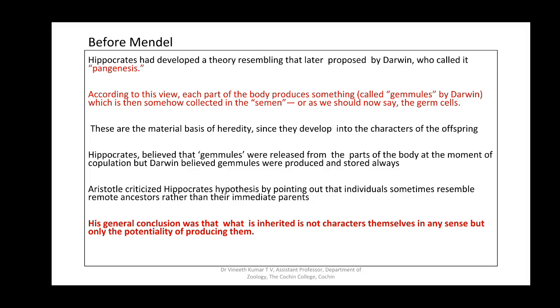So it is at this point that Hippocrates and Darwin differed in opinion. Hippocrates believed that these gemmules were released only at the time of sexual contact. The factors responsible for inheritance are driven to the body fluids, and from the body fluids they reach the reproductive structures, and from there they are transferred.